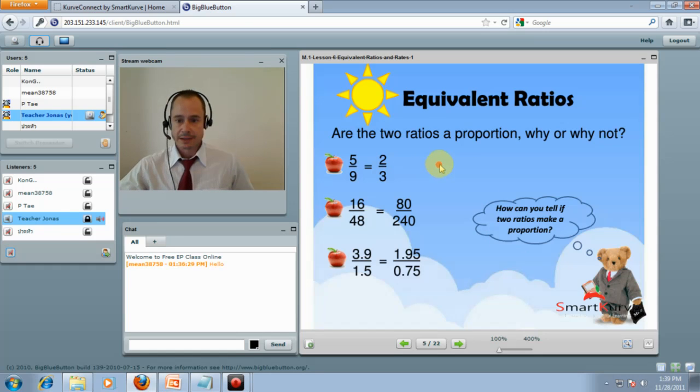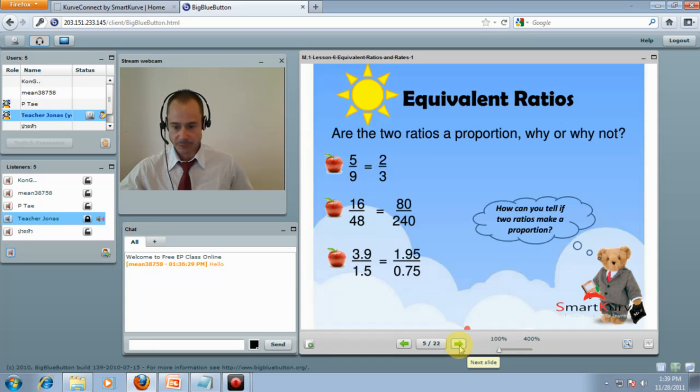So now we look at new examples of equivalent ratios. The question here is, are the two ratios a proportion? Why or why not? Looking at the first one, 5 divided by 9 is equal to 2 divided by 3. Is this a proportion? And if it is, how can you know that?